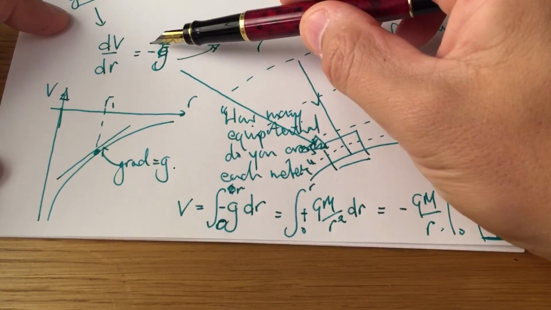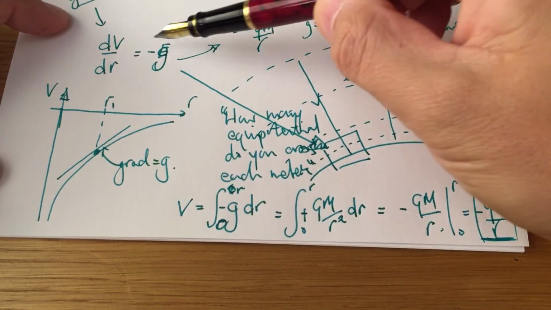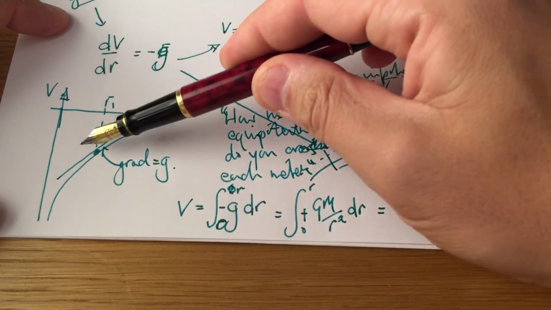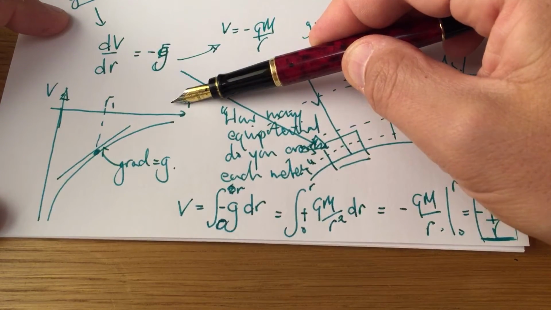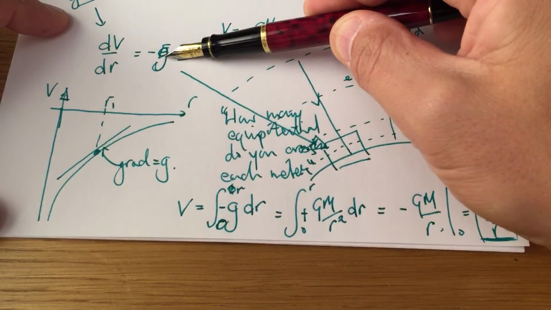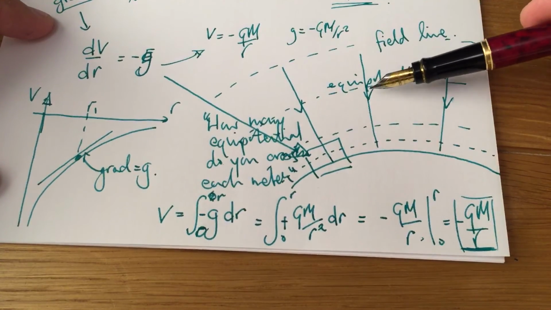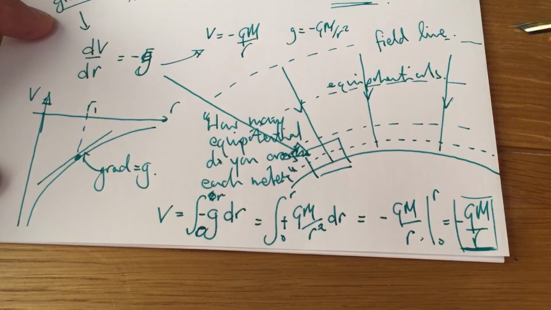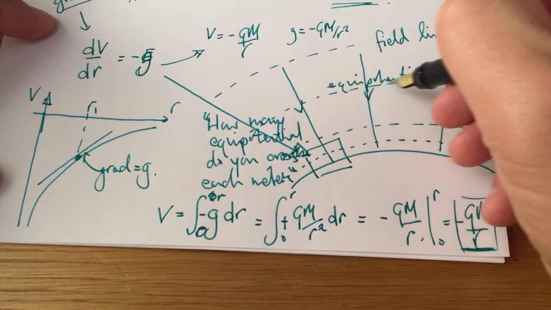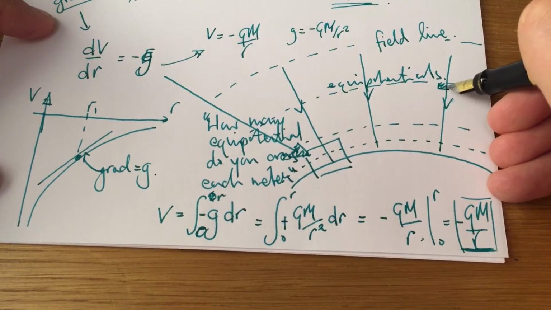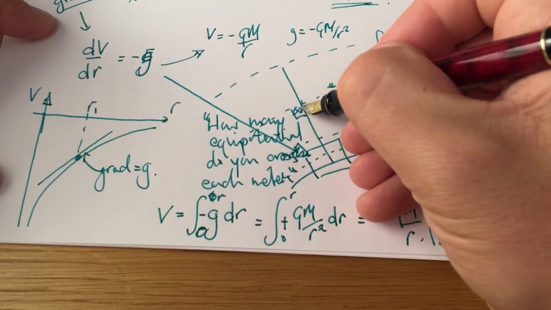Now this is important. That minus is also important because without that this wouldn't stay consistent. But bearing in mind the gradient of a potential distance graph is G, the gravitational field, and equipotentials join up potential energies all of the same value, and they always sit at right angles to the gravitational field lines.